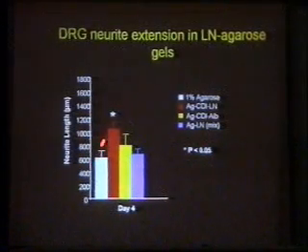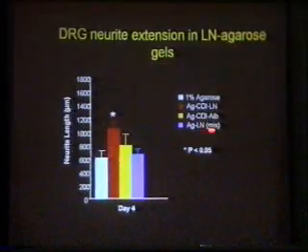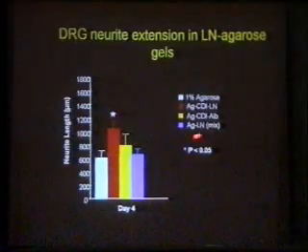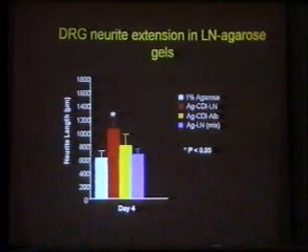You get a good 80% increase in length for the same time period. If you couple a mock protein like albumin, just to rule out the imidazole chemistry that we use in this case, you do not get that effect. If you mix the same amount of laminin that you covalently coupled into the gel, you do not see the effect. You have to covalently immobilize it. Mixing it doesn't do it.